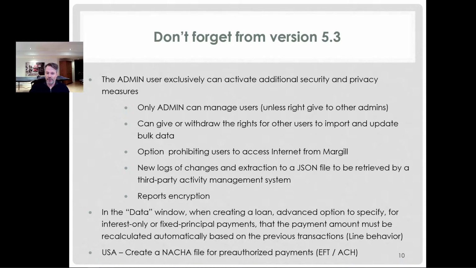And there are some systems that can analyze these logs and see if there's anything irregular going on, some kind of trends, and also reports encryption, so the admin can set these up. This is under Tools, Settings, and there's a new tab called Security Settings as of version 5.3.